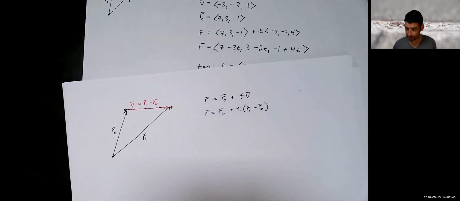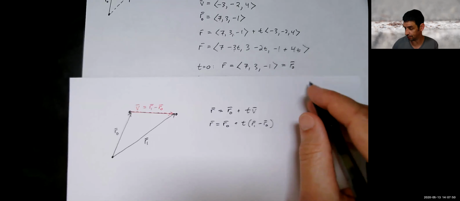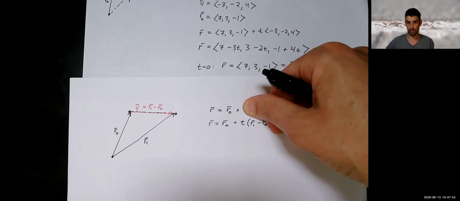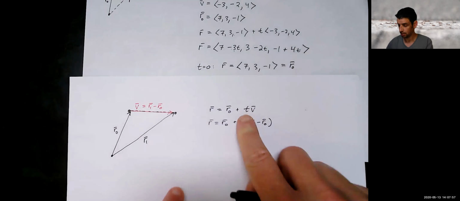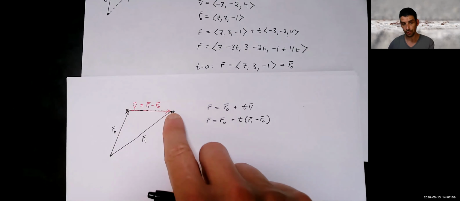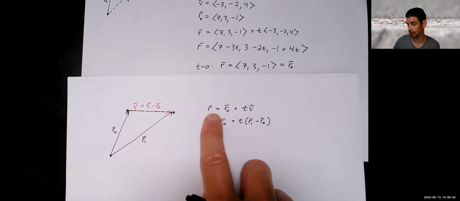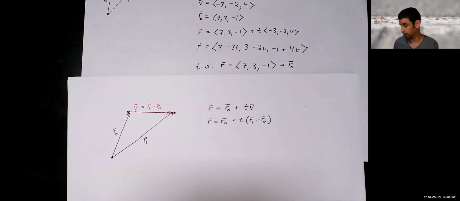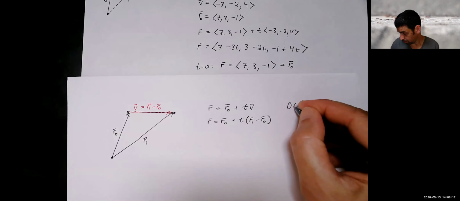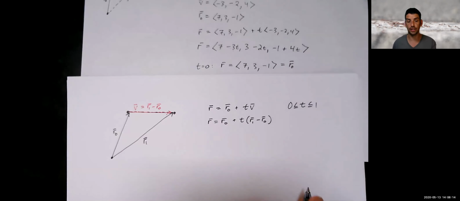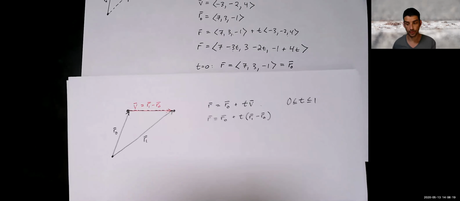And notice what happens, just like before: if t is 0, this disappears and r is just equal to this point, and at t equals 1, we get R0 plus v, we end up with the vector R1. So at 0, the vector is R0, and at 1, r is equal to R1. And so if we limit t between 0 and 1, then this vector equation only spits out the line segment.